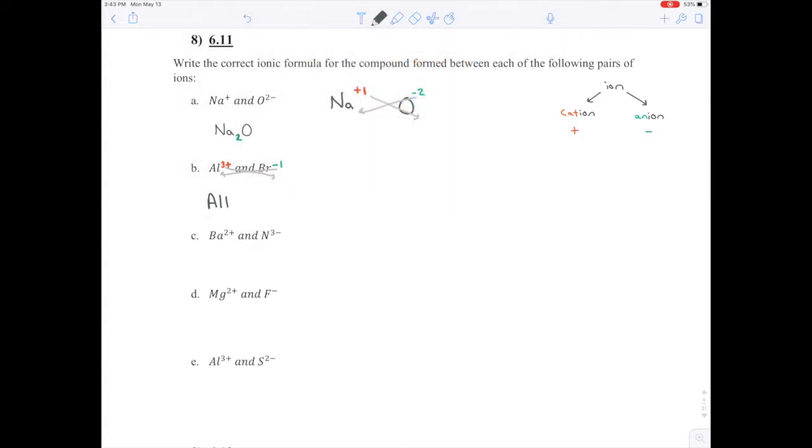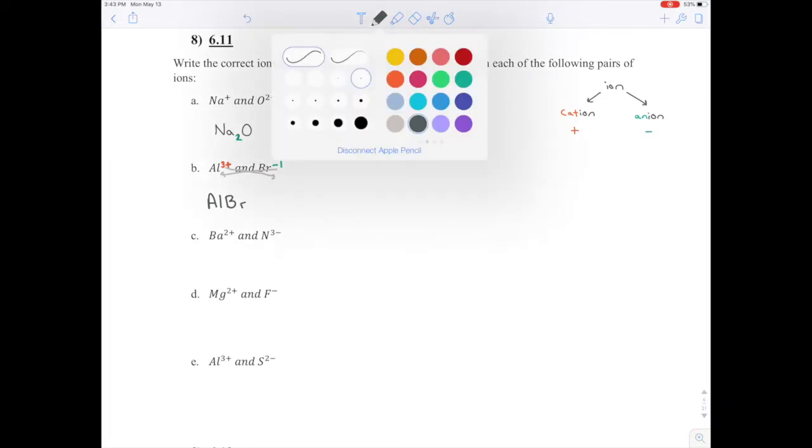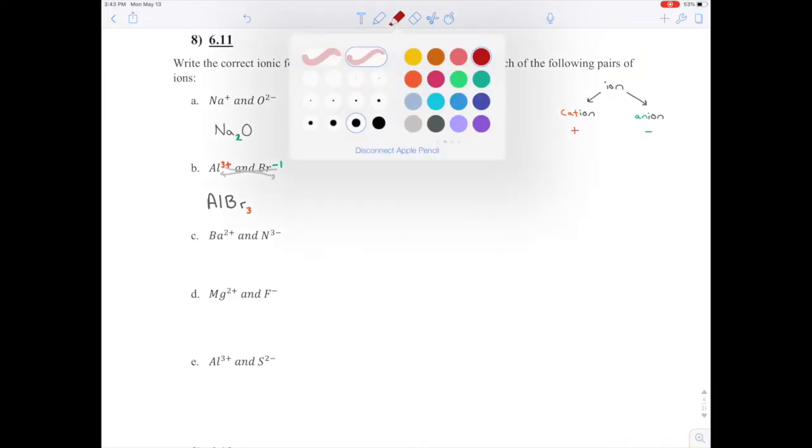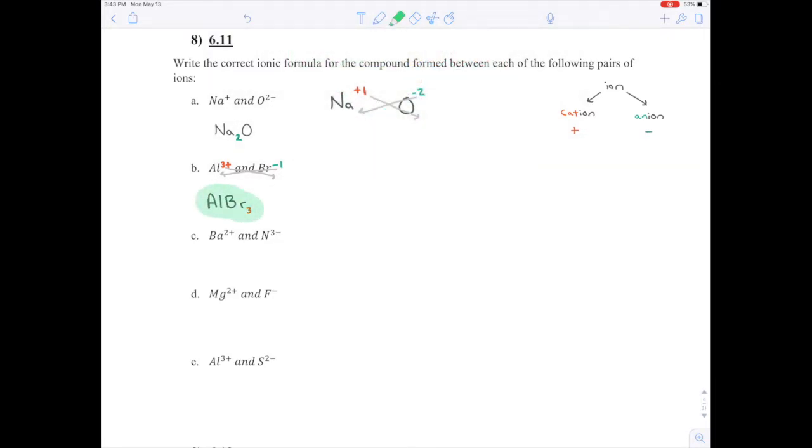So you'd have Br, and then notice how the plus sign doesn't go down, just the number. So this would be the compound that you would form if you mixed these two ions. You would need 3 of these negatively charged bromines to balance out the positive charge on the aluminum. And the number that says I need 3 of these is the number at the bottom right.